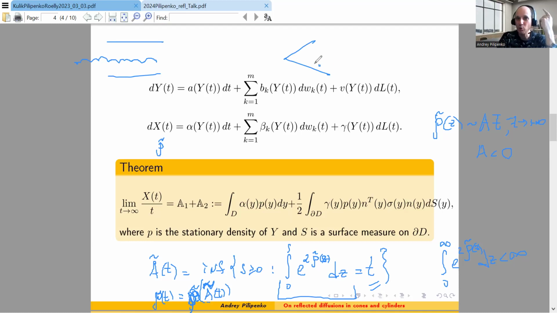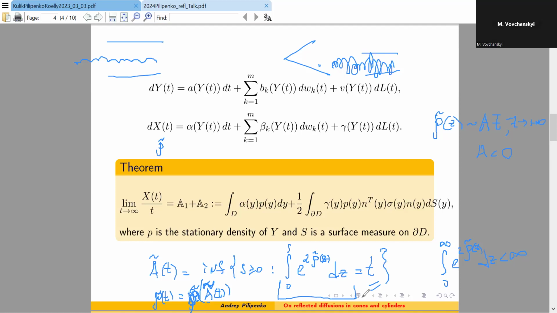When you make this transformation, then this time is faster and faster, and converges to negative infinity. In this transformed time, the models are kind of equivalent up to the hitting time.